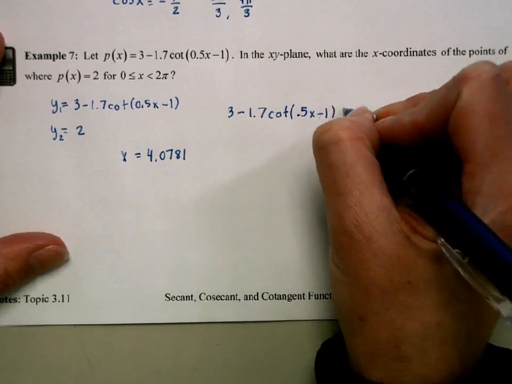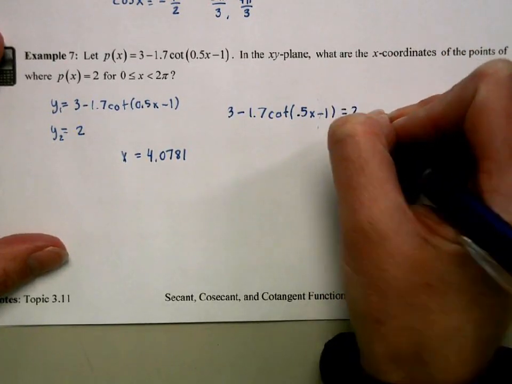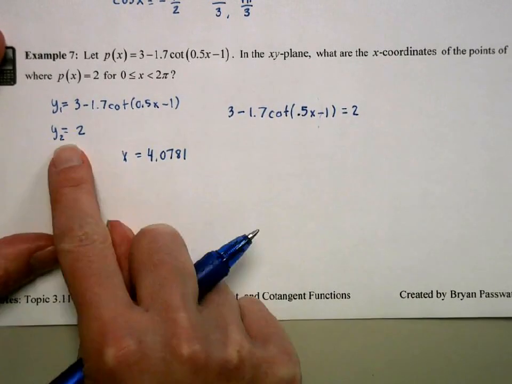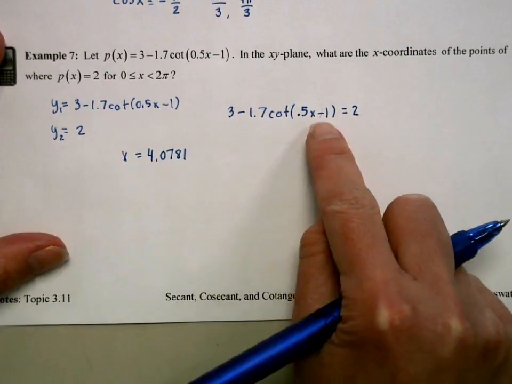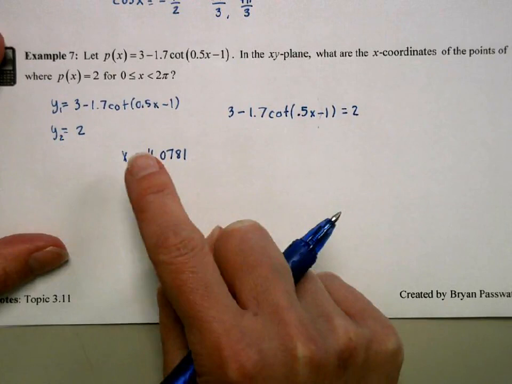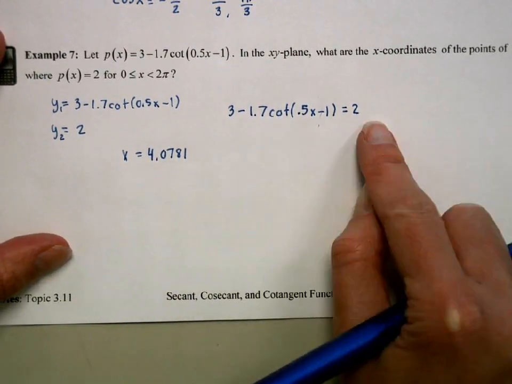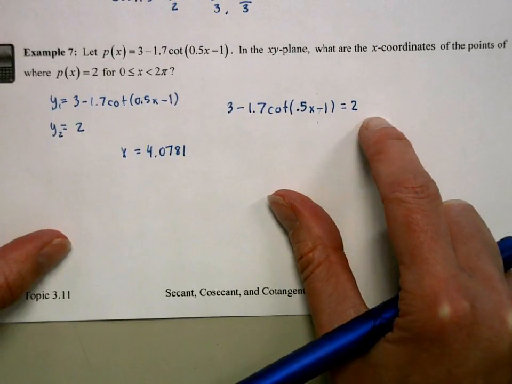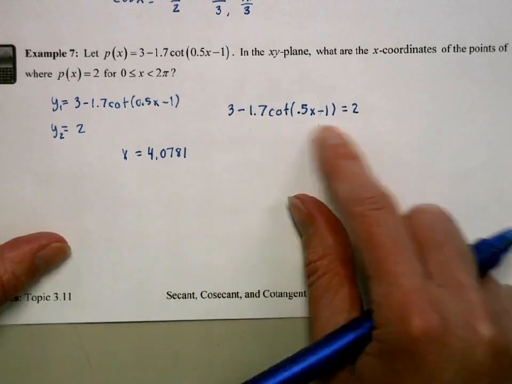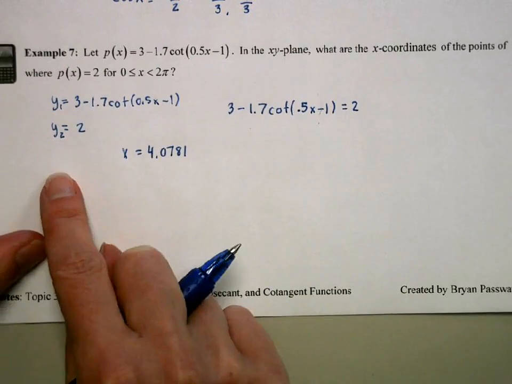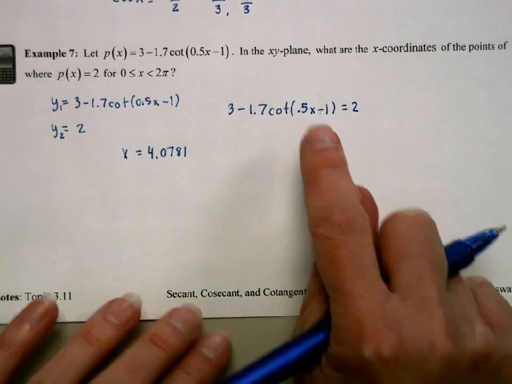That would be my setup, and then we use the calculator. This part isn't necessary, but you want to show what it is that you're doing to get to this value. If you just have this without this, you may lose points because it's just kind of a random number. But showing that this is our equation and this is our solution, and that how we found it was in the calculator, shows that that was what we were solving. So that was topic 3.11.